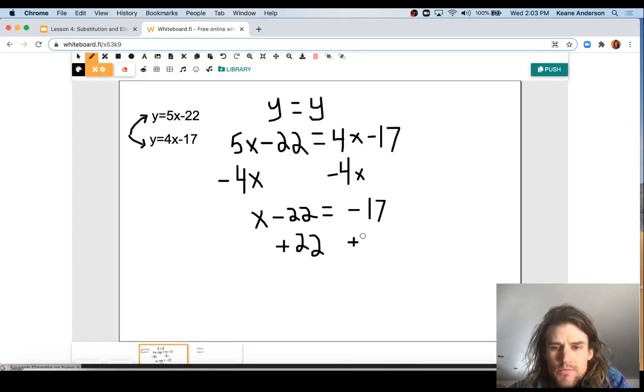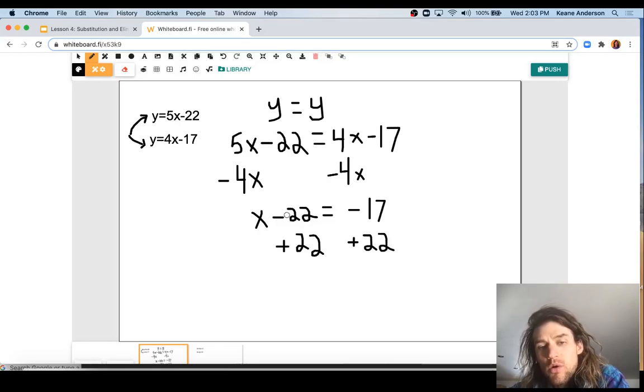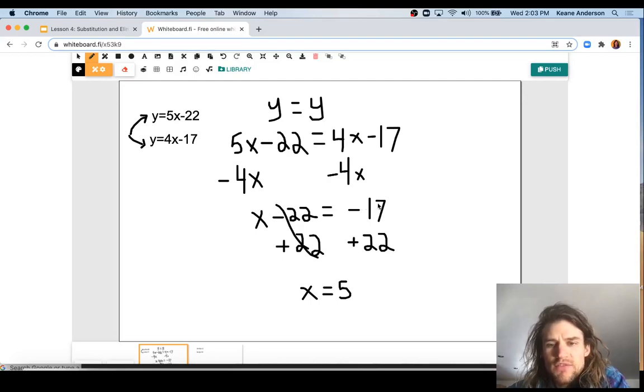We're going to note that these cancel out, and we're left with x equals 5. Negative 17 plus 22, I could do it on my calculator if I need to, but I happen to know from mental math that that is going to give me 5. So we've got x equals 5.